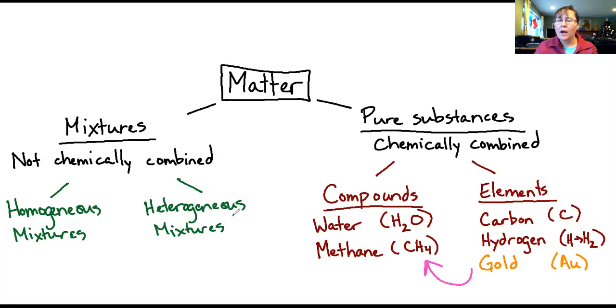This is a place where understanding word roots is very, very important, like our Latin roots or our Greek roots. If you understand those roots, you know that the root homo means same and hetero means different. In heterogeneous mixtures, you can see visibly distinguishable things.